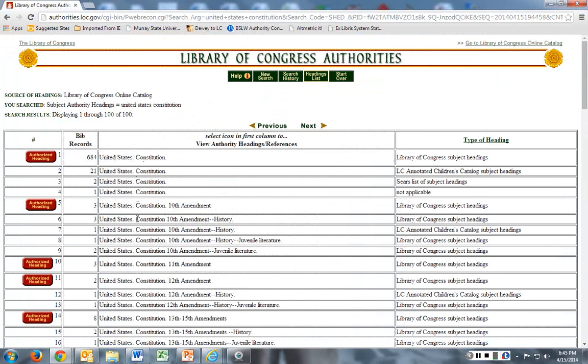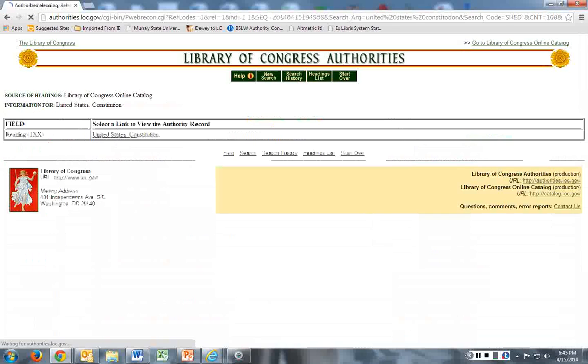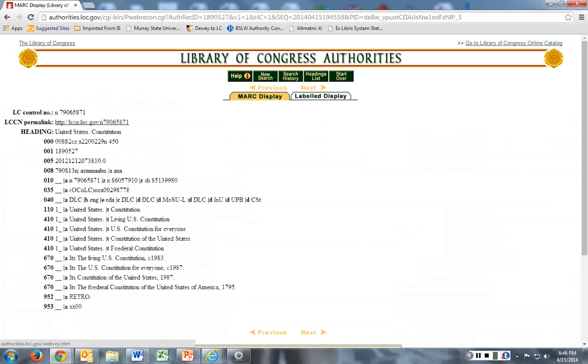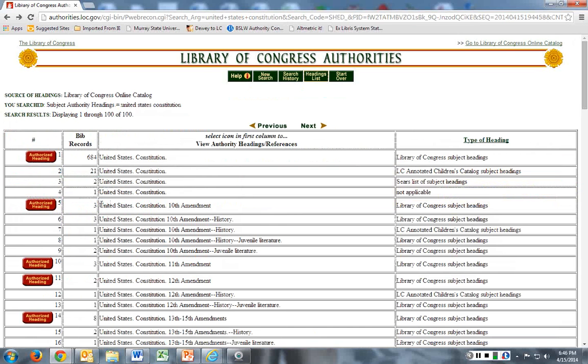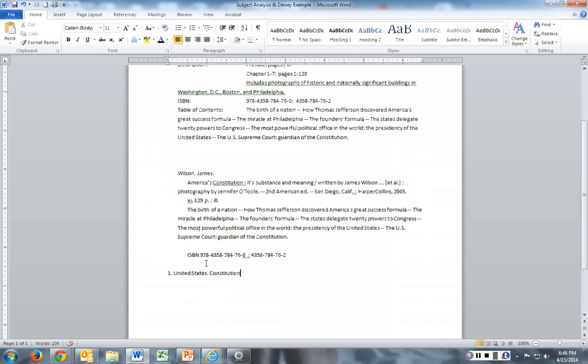It's just like that. Now if I look in here, will this show it? No. Okay. I'm going to separate the main subject heading from the subdivision of Constitution. Now, if you had put this in without the separation, I wouldn't have counted you off.